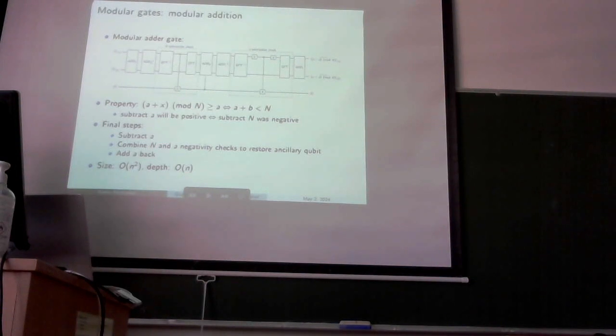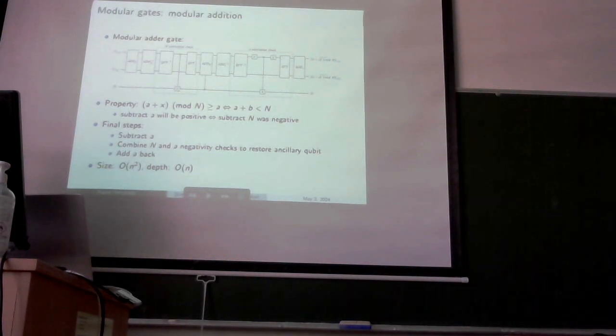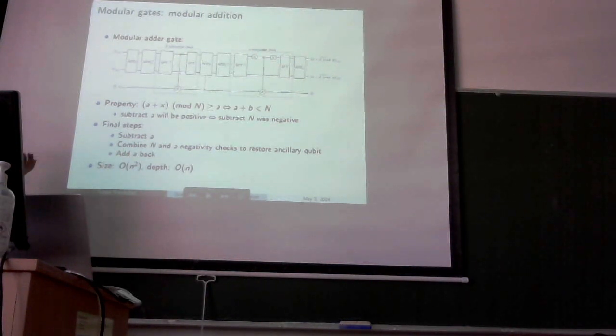By combining these two properties, as you can see here in the box, into the ancillary qubit as if we were combining Booleans, we can use them to reset the ancillary qubit back to 0. So this is the idea of the modular addition and how we can properly transform the ancillary as well.